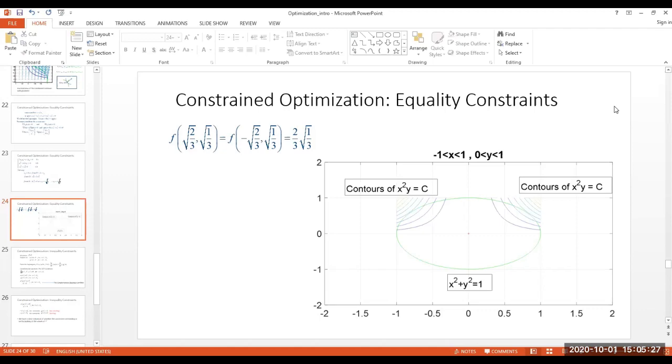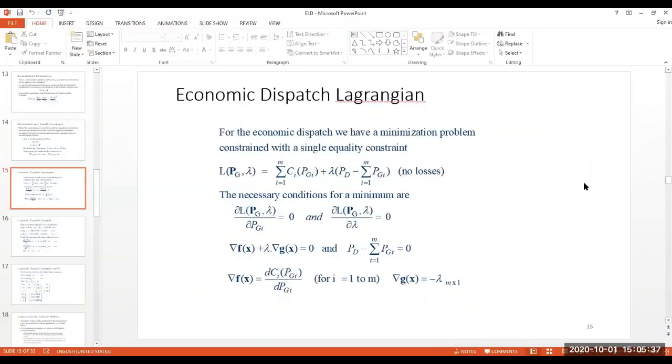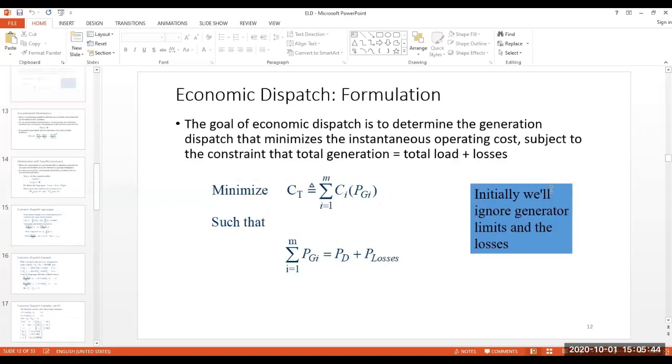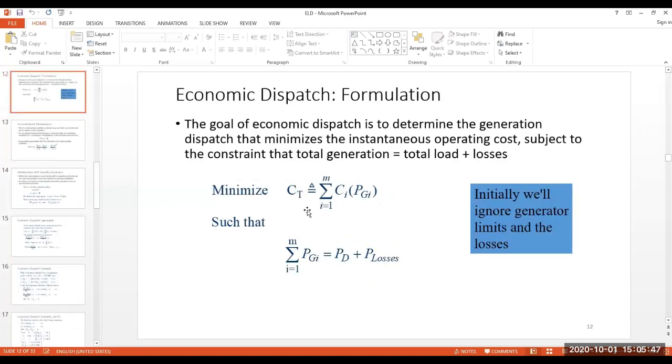Now we will shift our focus to our example of ELD, or economic load dispatch. So now let's continue with the ELD issue. What was the problem in the ELD? Let me reiterate that problem. Our problem was to minimize the cost, and we had to satisfy an equality constraint between generation and demand.